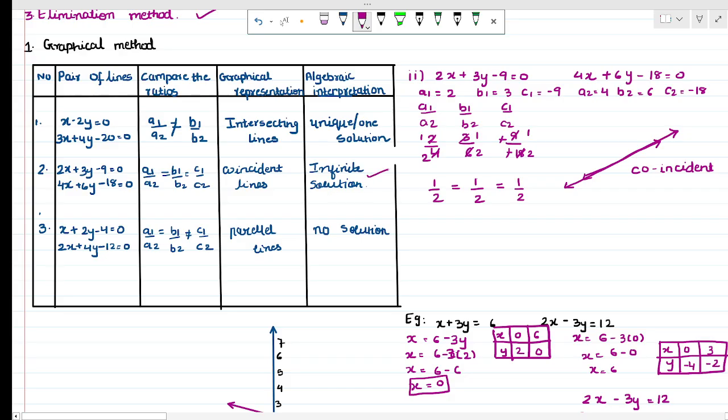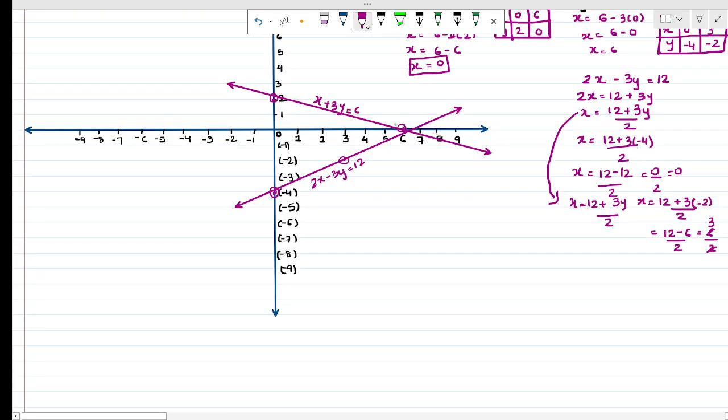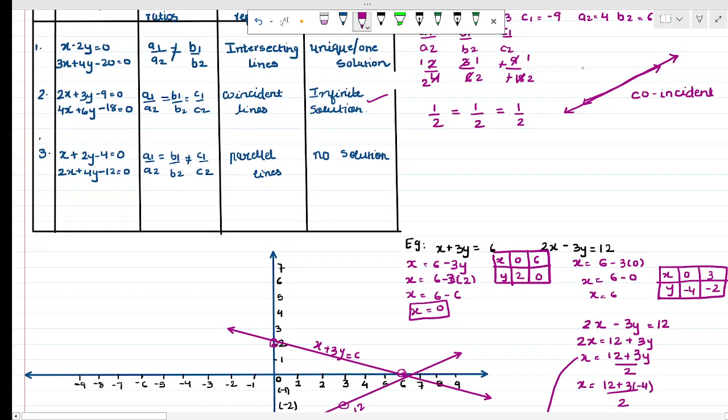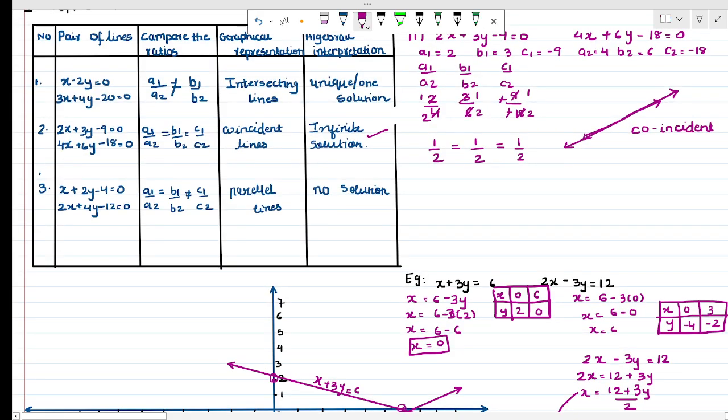It will have infinitely many solutions. Earlier we had only one point in common, as we saw by the graph, only one intersecting point, but for such a graph we will have infinitely many equal points, infinitely many solutions. Okay, so moving on to our next question.